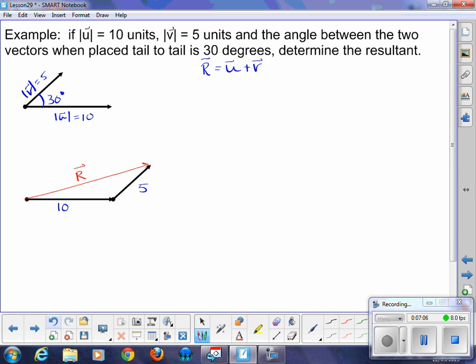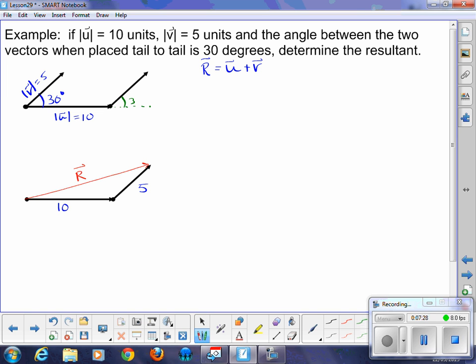Here's the catch, here's the trick. Okay? If you're looking up at my diagram here, what we did was we slid this vector down to this location here. So I'm going to return the original back here so it doesn't mess up my picture. What that does is it slides that angle with it.